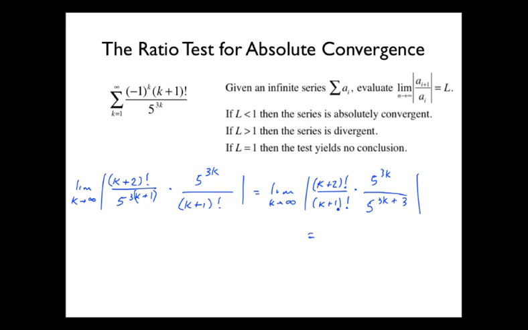What do you think? What's k plus 2 factorial over k plus 1 factorial? K plus 2. Yeah, because k plus 2 factorial is k plus 2 times k plus 1, then down. So it's really k plus 2 times k plus 1 factorial. So the k plus 1 factorials go away. So that whole thing's k plus 2.